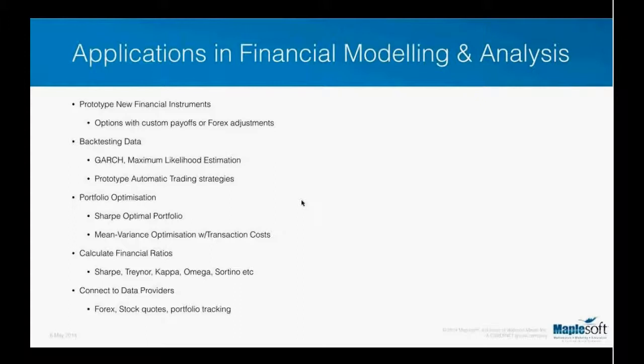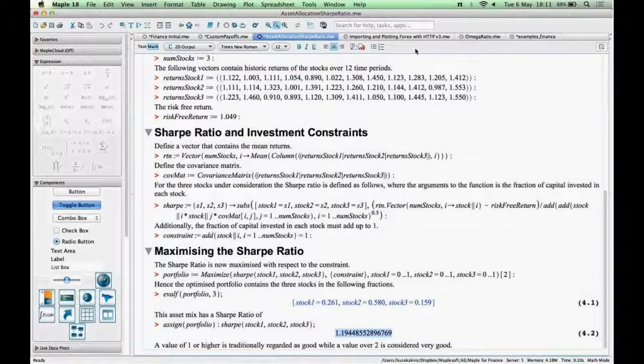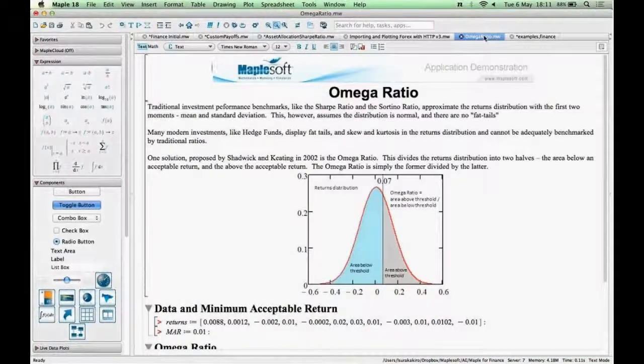Financial analysts also use a series of financial ratios to gauge investment worthiness. So here are some examples. Let's take a look at one of these. For example, the omega ratio. The omega ratio divides the returns distribution into two halves to incorporate non-symmetry into the distribution.